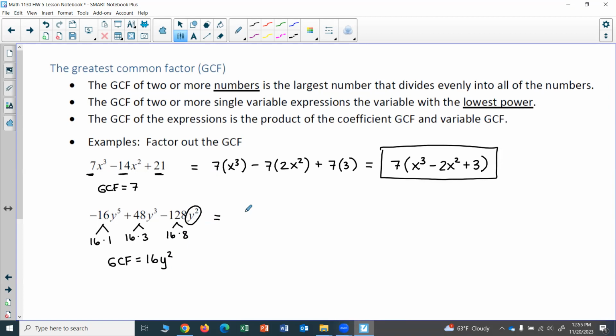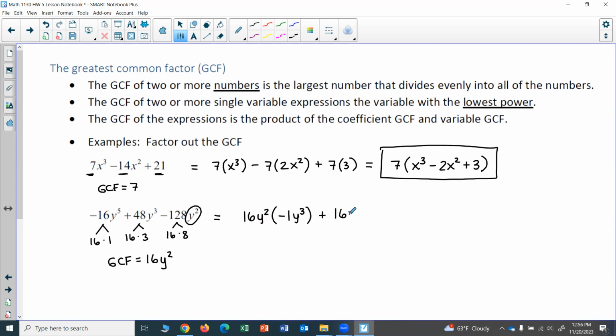Let me rewrite this as 16y squared, and think about, using your rules of exponents, what would be left over here. A negative 1 would be left over there, and then y to the 3rd power, because when I'm multiplying like bases, I add their exponents. So the y squared and the y cubed would give me y to the 5th.